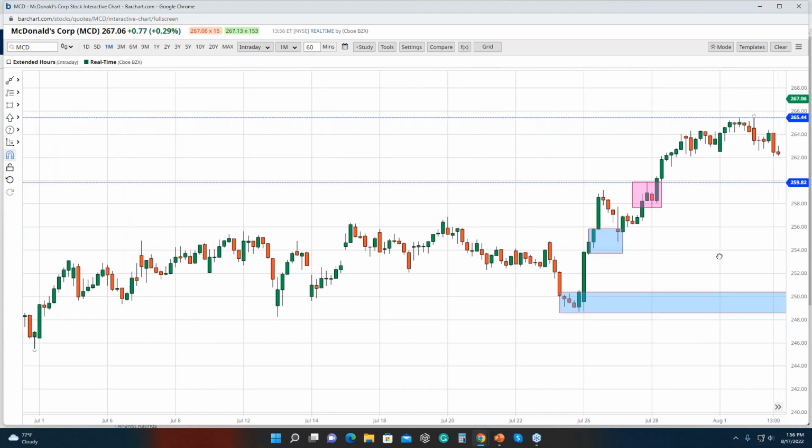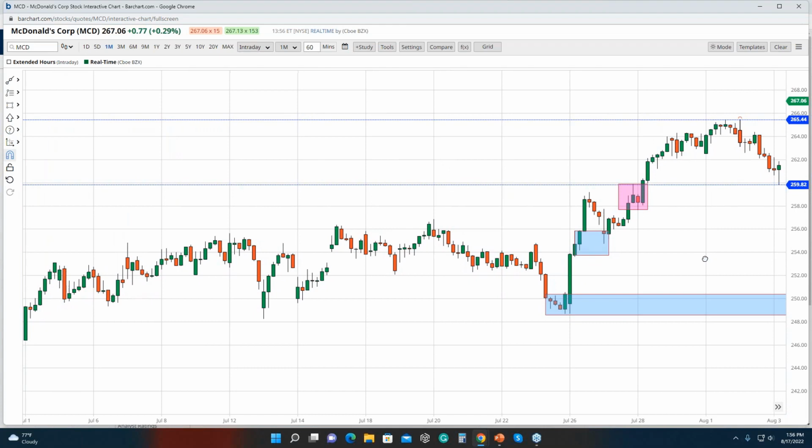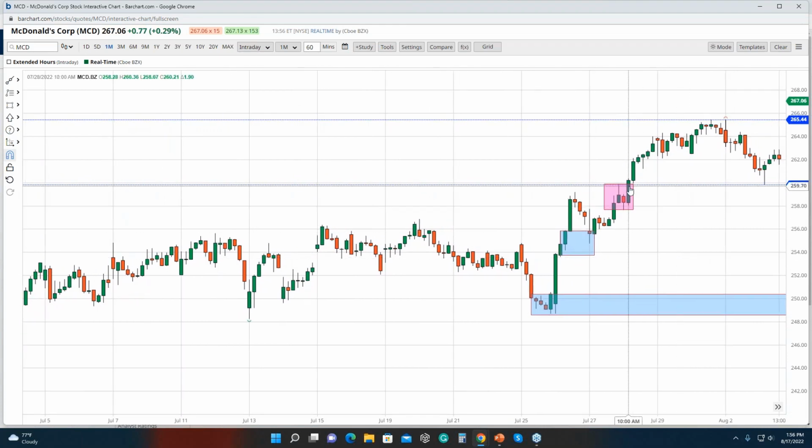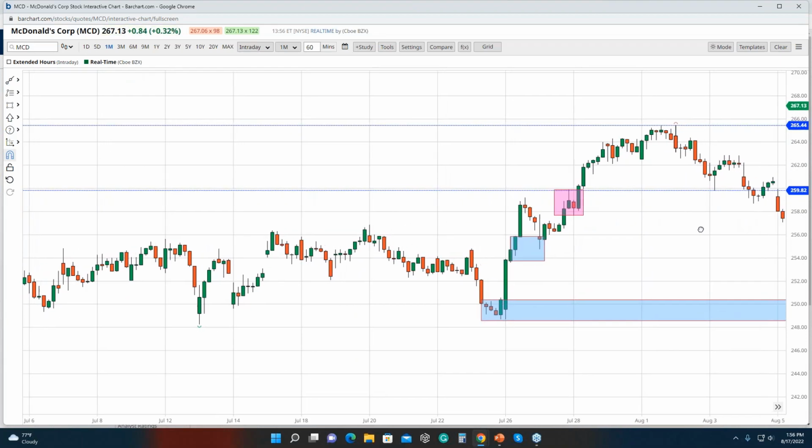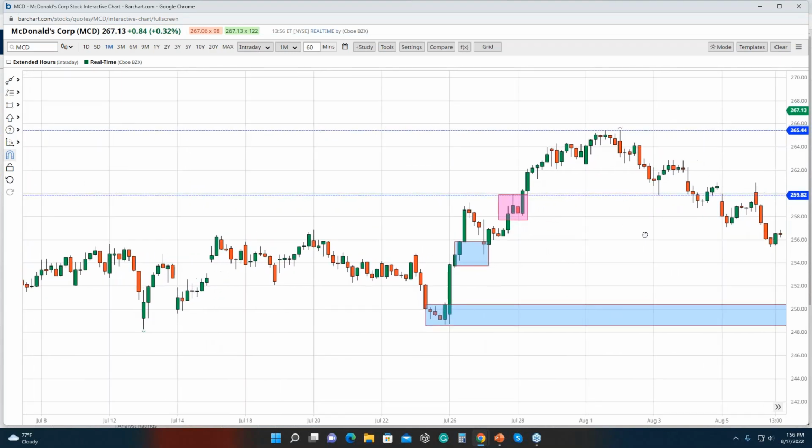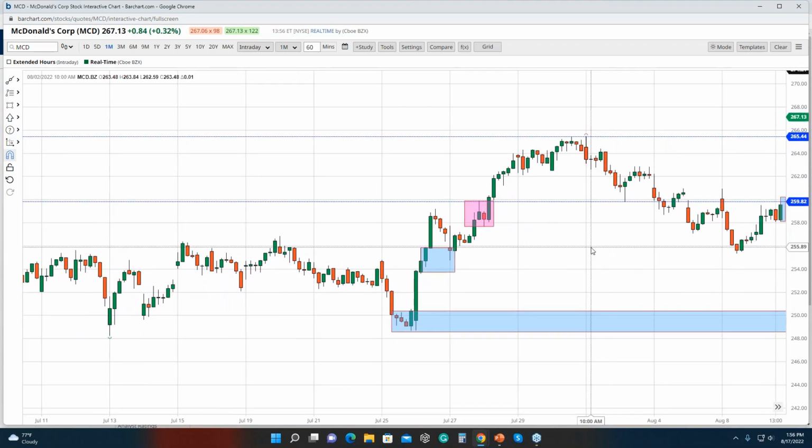Okay, price comes back, right? Falls back, touches our zone again, but would we take this as a pullback? Probably not, because the reward is not there. Here, price falls back into that pullback zone that we originally set, right?